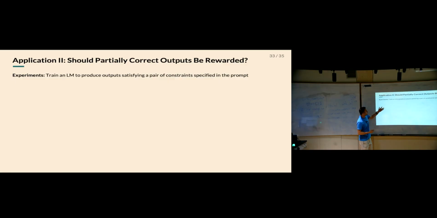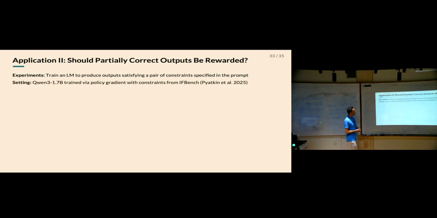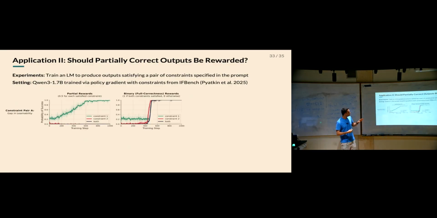We take language models and train them over a data set where each prompt contains a pair of constraints, specified in the prompt, of the type that I showed you before. For example, please include a number in the answer. And here what I'm going to show is with a Qwen model, and we take the constraints from a standard instruction following benchmark. Here are the results over one of the data sets for the two paradigms of the reward function.